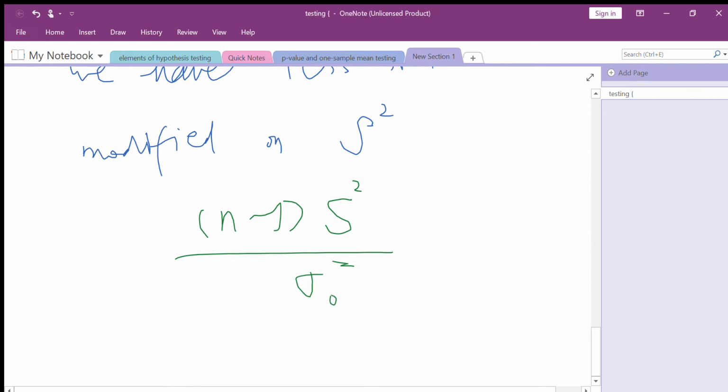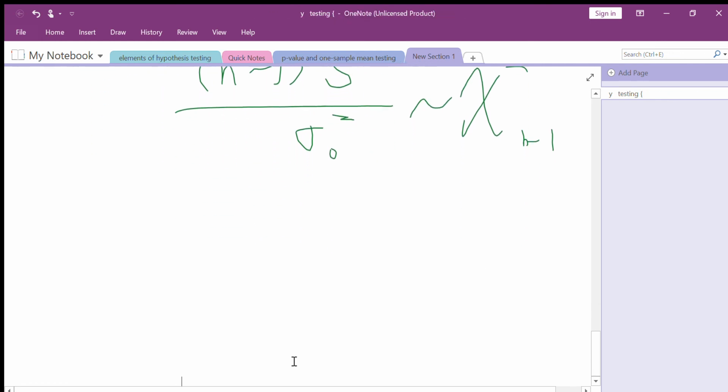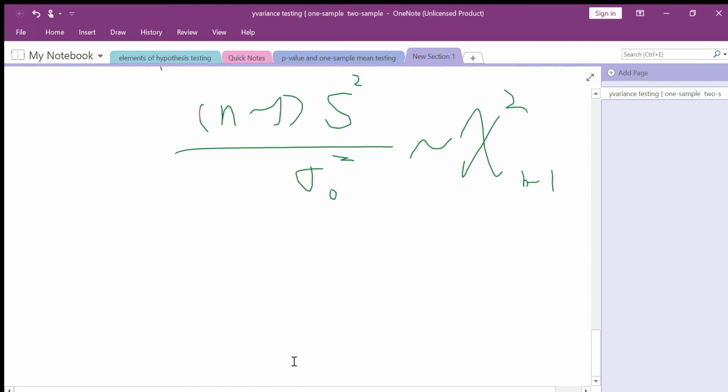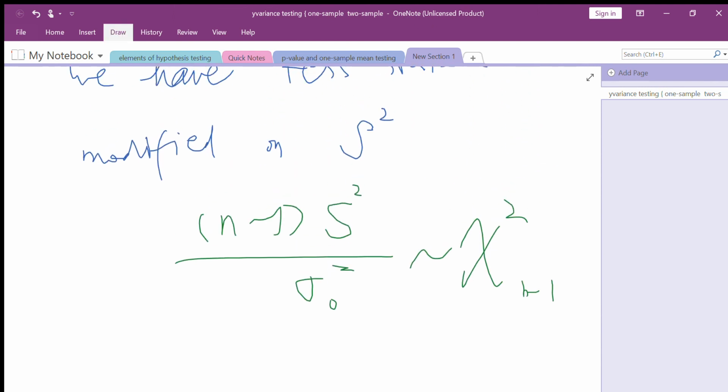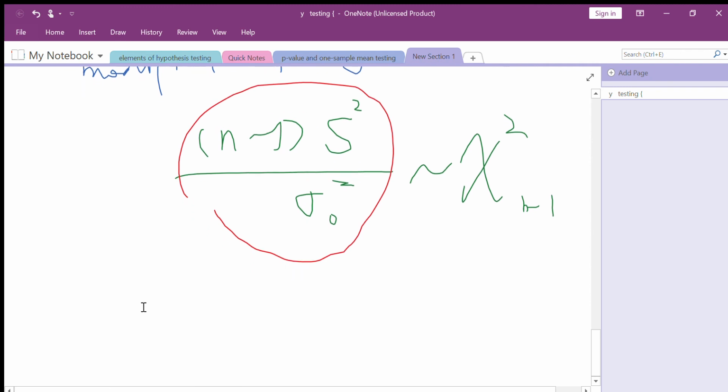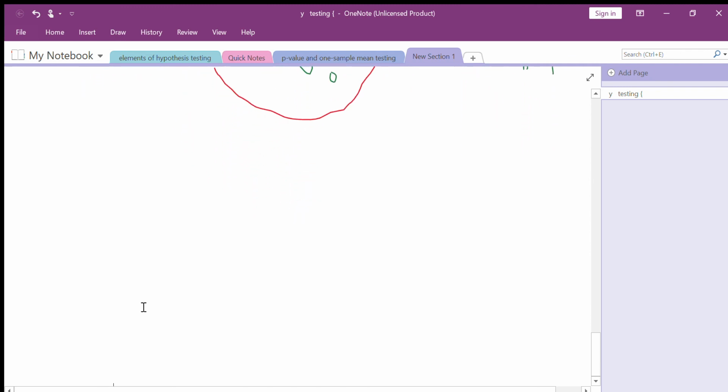When H null is true, we only care about the equal sign in H null, so this is sigma 0 square. It follows chi-square with degree of freedom n minus 1. And we utilize this test statistic to talk about p-value, decision rule, and power for this single-sided, one sample variance testing.